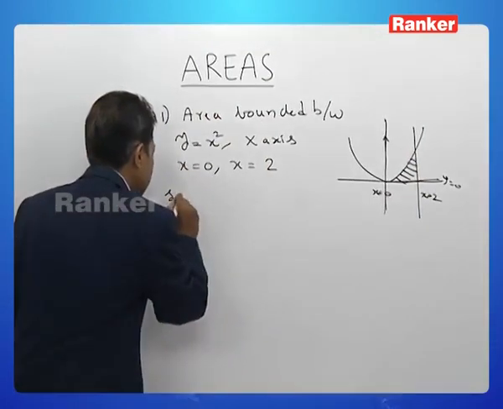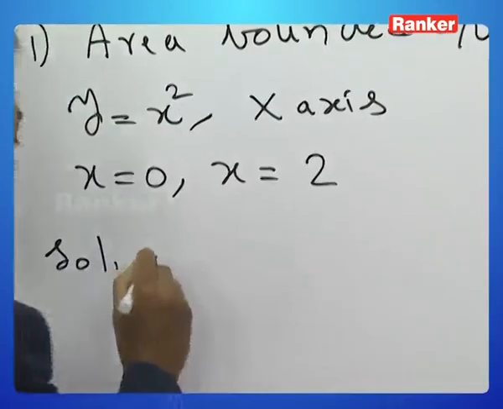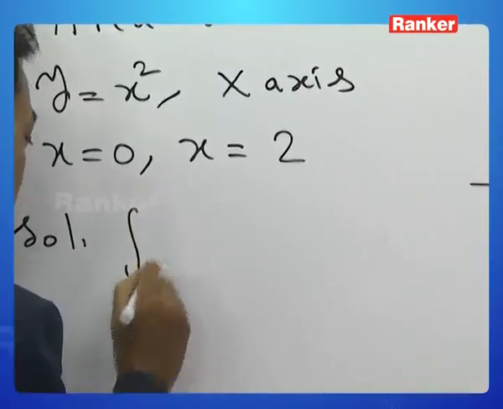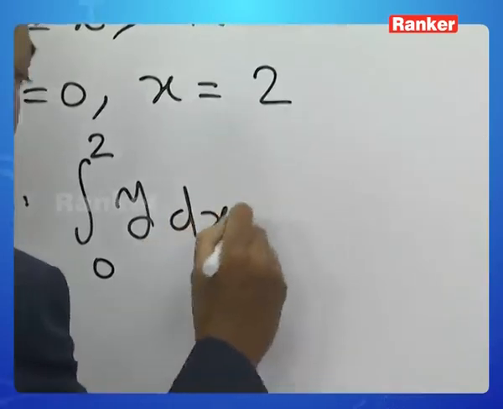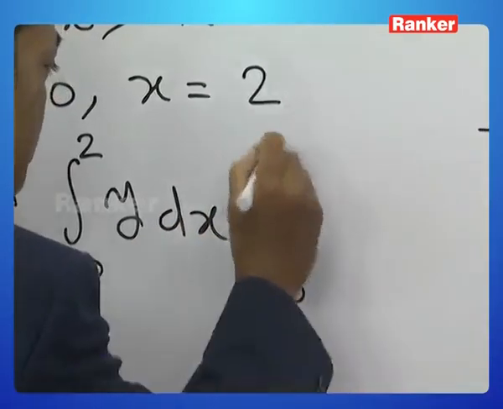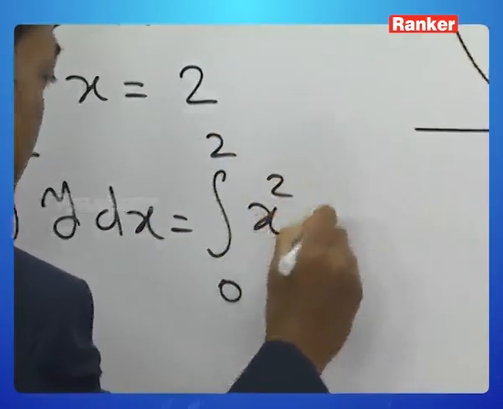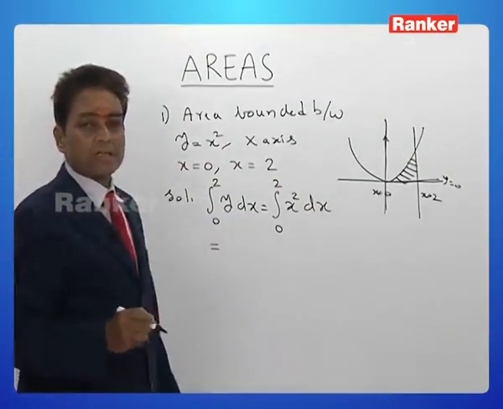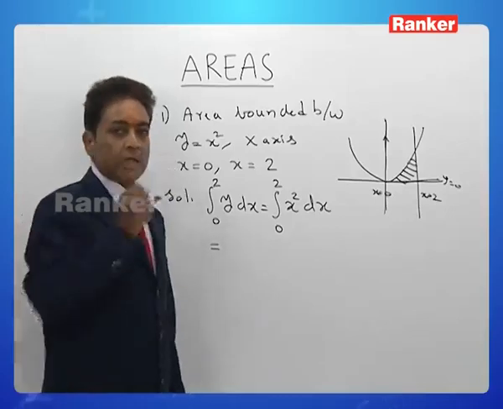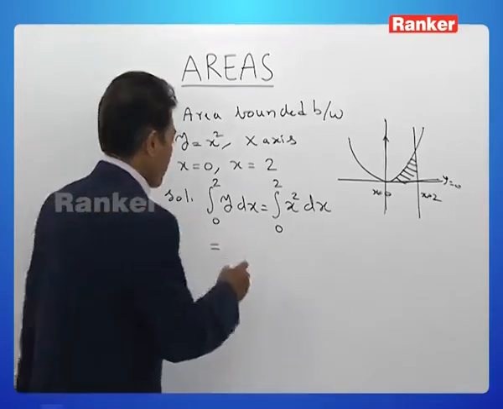Now let us integrate from 0 to 2. Integral 0 to 2 y dx, right? What is y? x square dx. Now what is x square integration? That is x to the power of n integration, x to the power of n plus 1 by n plus 1.